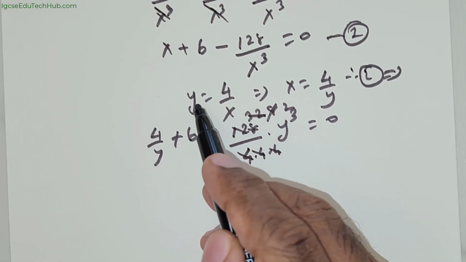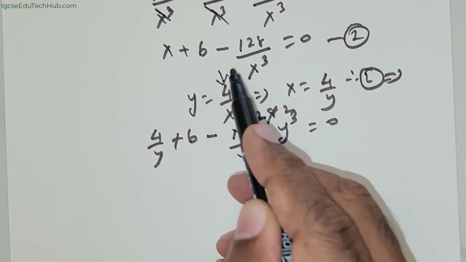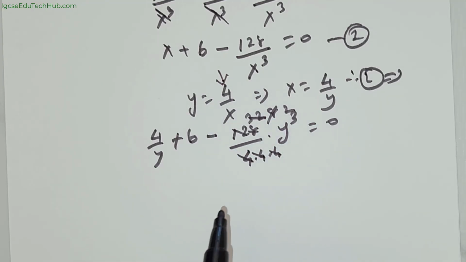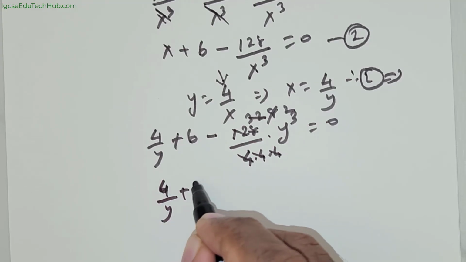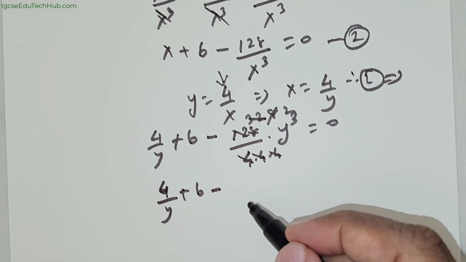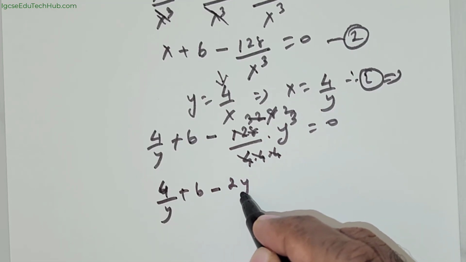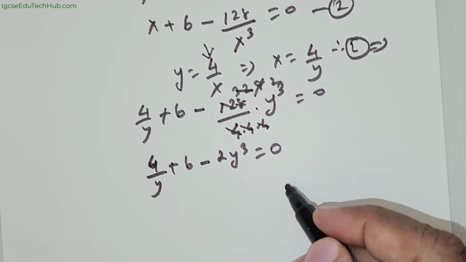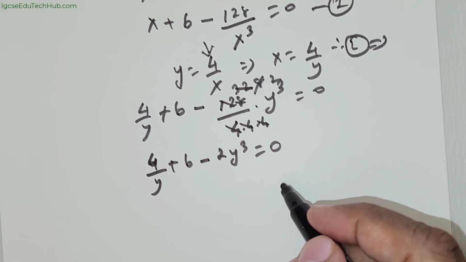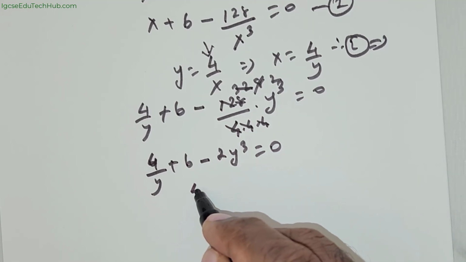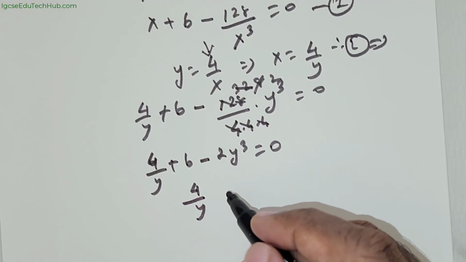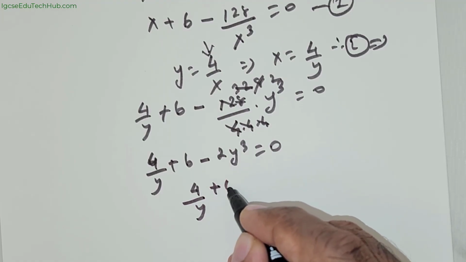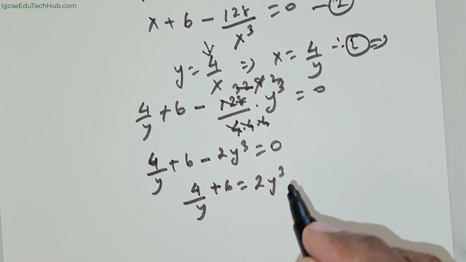So this substitution is critical, so you will have to weigh it suitably. So from here you have 4 over y plus 6 minus 2 times y cubed is equal to 0. Now we can rewrite this in the following fashion: 4 over y plus 6 is equal to 2 times y cubed.